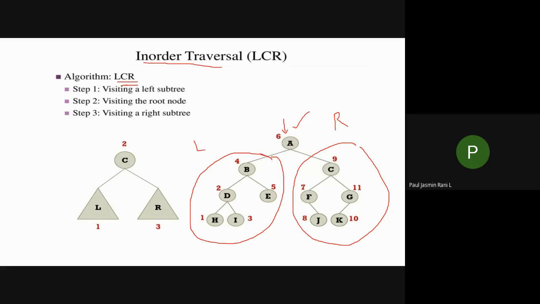If you take a separate subtree, then this B acts as the root for this left subtree and this right subtree. And if you take this one alone separately, D acts as the root. Root is nothing but the parent node. Parent means it contains some branches. So you have to categorize in this way.